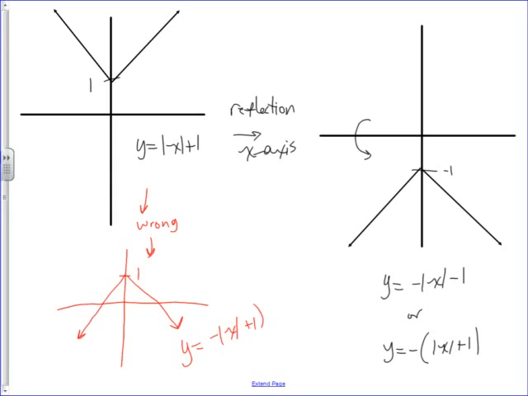So keep in mind, for reflection over the x-axis, you have to distribute your negative through, so you either get negative absolute value of x minus 1, or you get negative parentheses absolute value of x plus 1. Make sure you do not make this mistake.